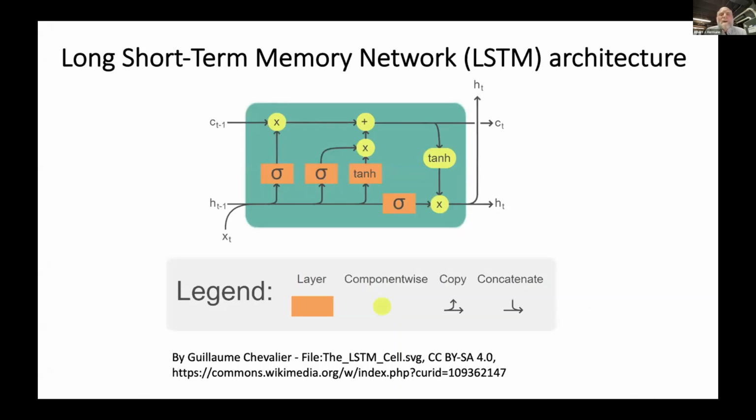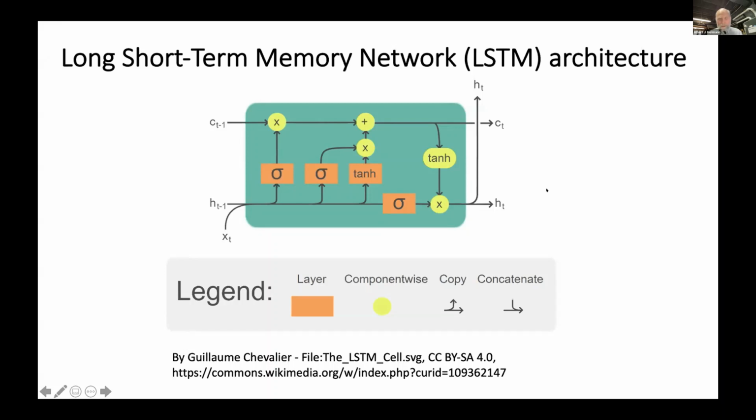If you're curious, looking under the hood a bit, this is the Wikipedia entry for long short-term memory network architecture. Basically, you have some inputs shown by X, you have some outputs shown by H, and the LSTM is also keeping track of some internal state shown by C here, which is influenced by the inputs and is influenced by the past state of the system, including the past states of the inputs.